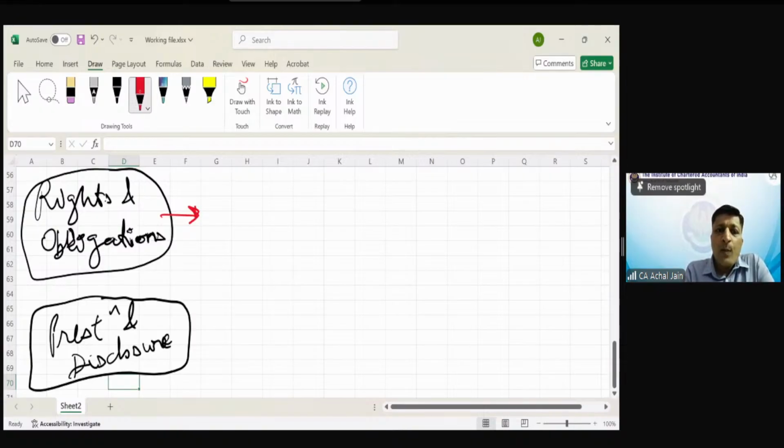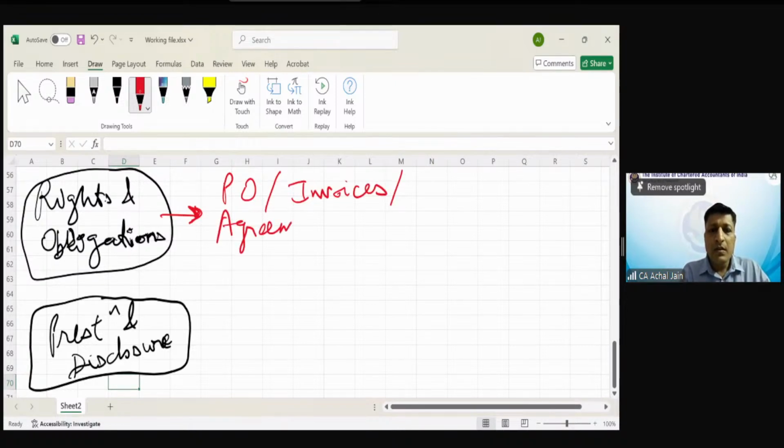See, because there's an obligation, so how do you establish the obligation? By the supporting documents, by purchase orders, invoices, agreements, credit notes.